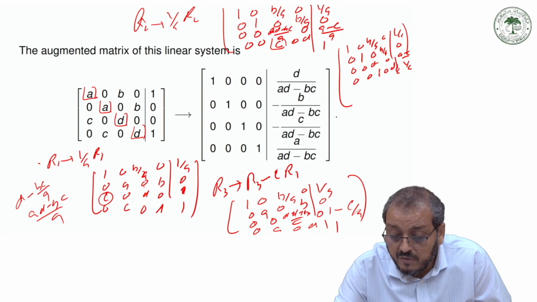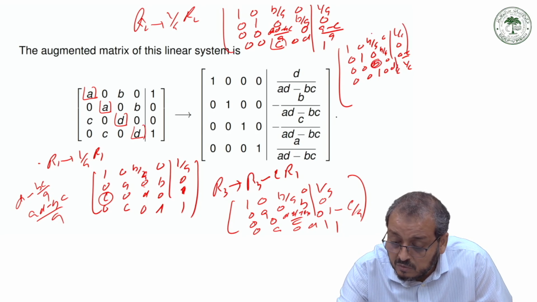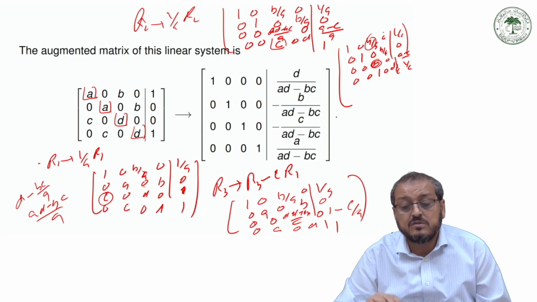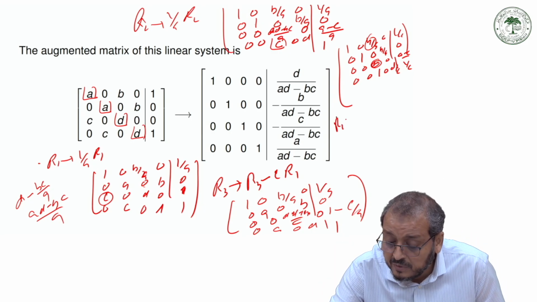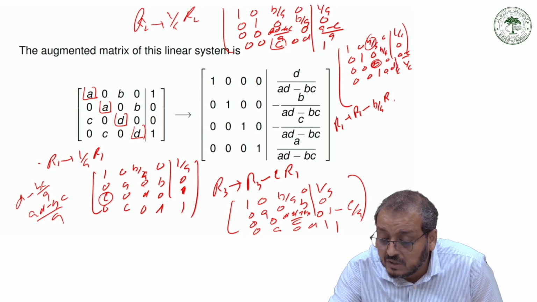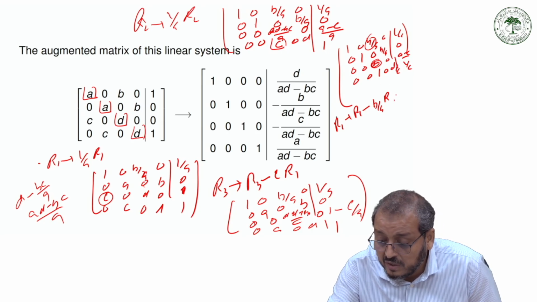Now, with the help of this, we have to eliminate here 0 and here 0, and the rest of them is simply equal to this. So this means R1 should be replaced as R1 minus b/a R3, and this is R4.